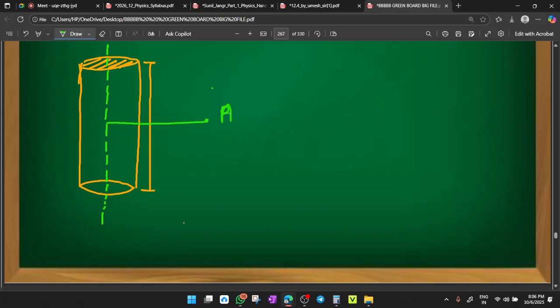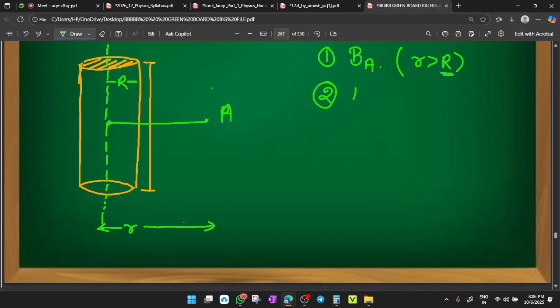Consider this point as point A, because we have to find the magnetic field at point A. Clear? If the radius of the cylinder is capital R and this distance is small r, then at point A the distance of the point is greater than the radius of the cylinder.